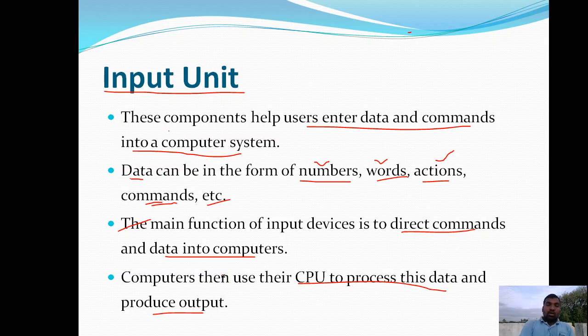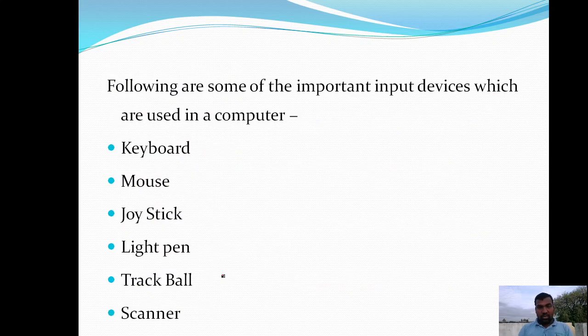Whatever data is received from the input unit is transferred to the central processing unit, which processes that data. After processing, it generates some output, and that output is again transferred to the output devices. Now the following are some of the important input devices used in computers.